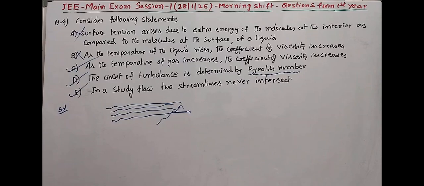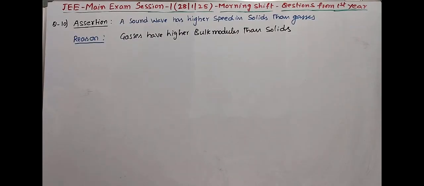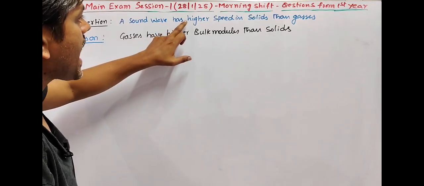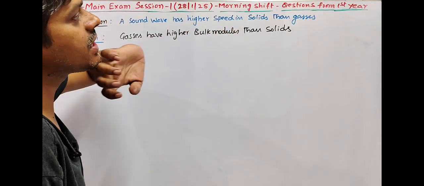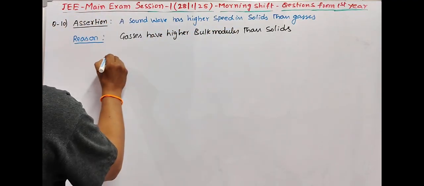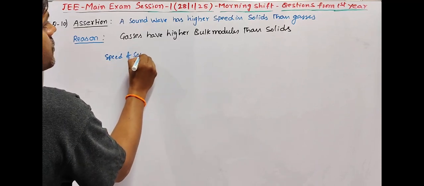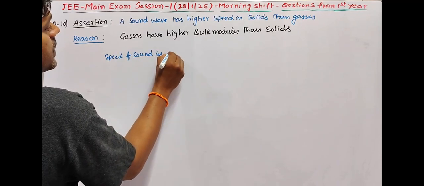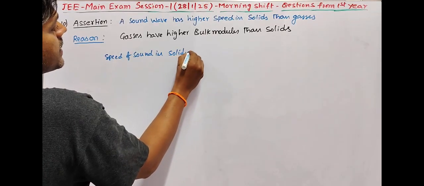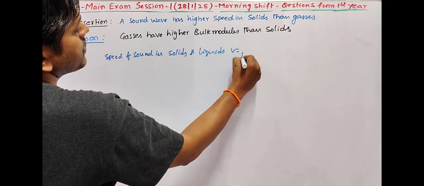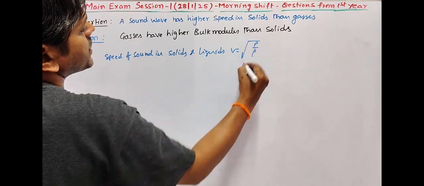Okay, right. The 10th question, assertion reason type. Assertion: a sound wave has higher speed in solids than gases. The speed of sound in solids and liquids is given by root over P by rho.